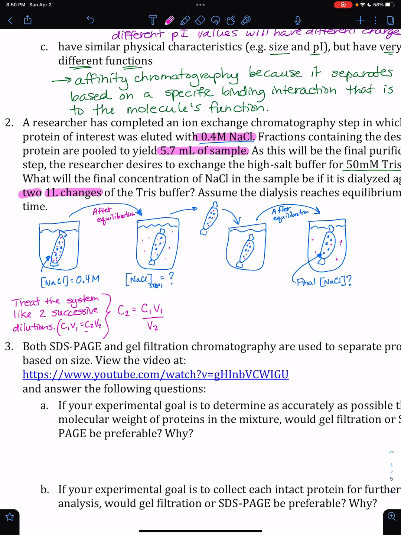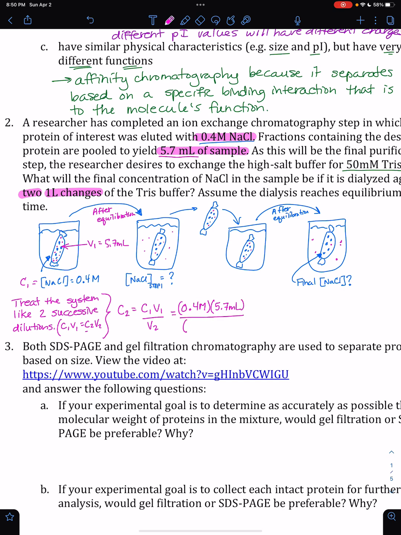So C1 is the starting concentration of our sodium chloride, so that's going to be 0.4 molar. V1 is the volume that is in the bag, so V1 equals 5.7 milliliters.